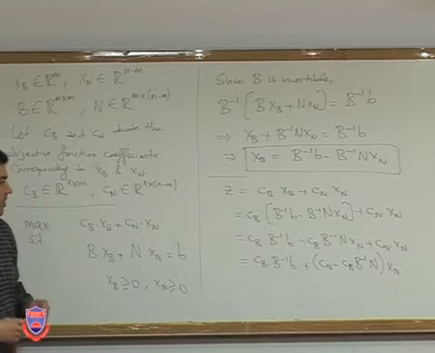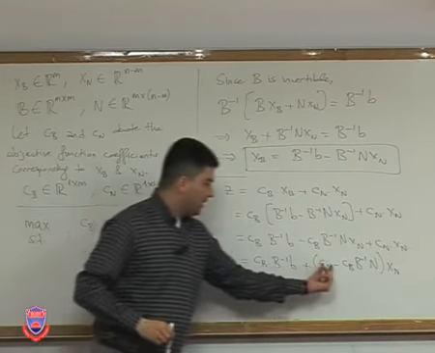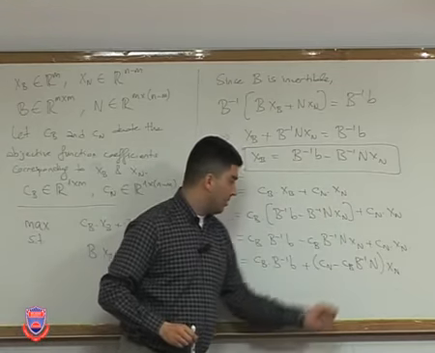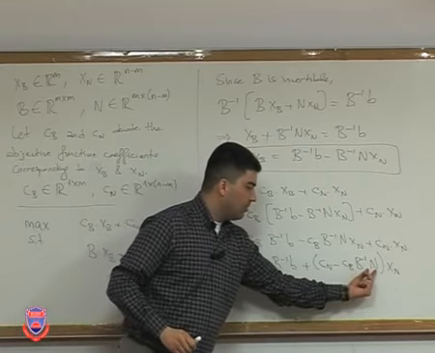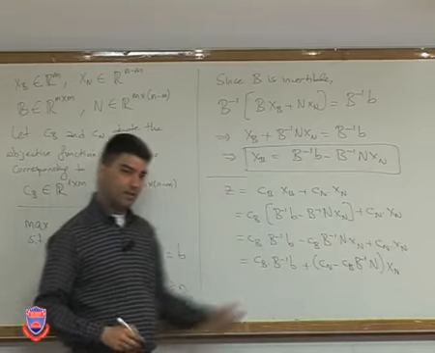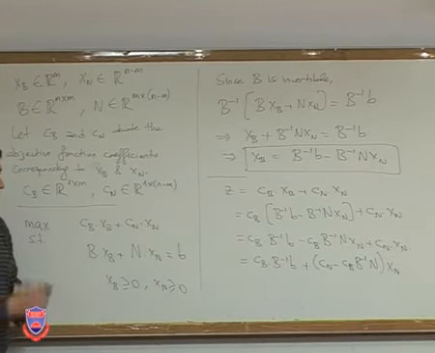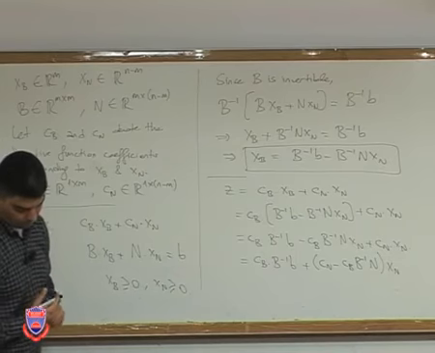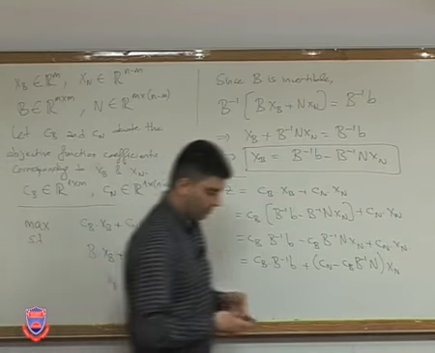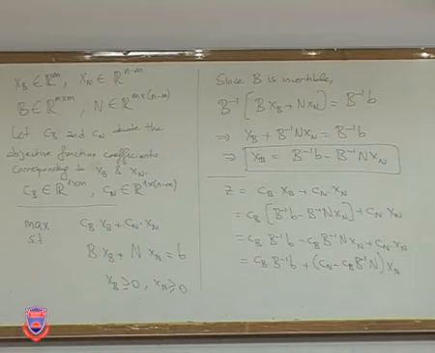Can I do this? Well, so I still have Cn times Xn, which is the same thing as this one. And I still have minus CB B inverse N times Xn, which is the same as this one, right? So I'm just factoring Xn out, basically, okay? Any questions so far? So, simple algebra, okay?